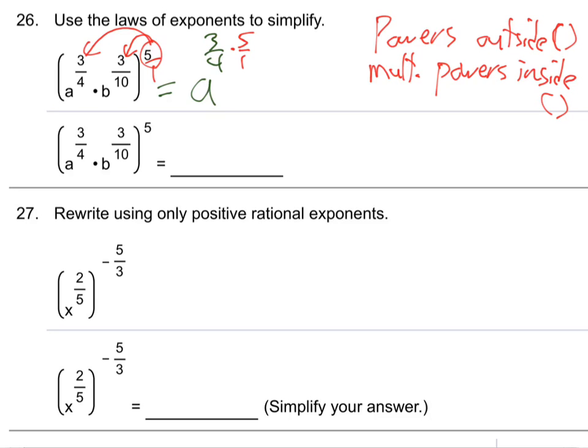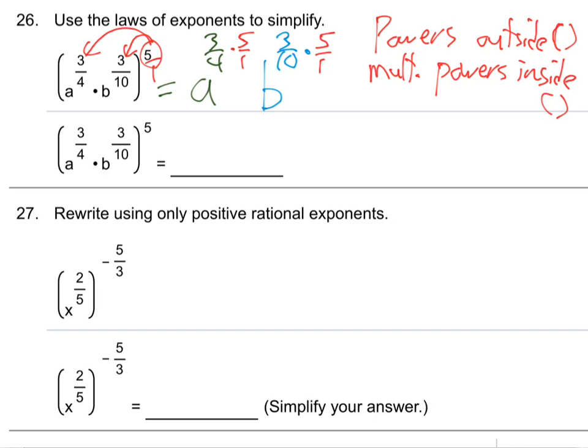And the other one is b to the power of what? 3/10 times 5 over 1. So that 5 over 1 multiplies both those powers, right? Powers outside parentheses multiply powers inside parentheses.